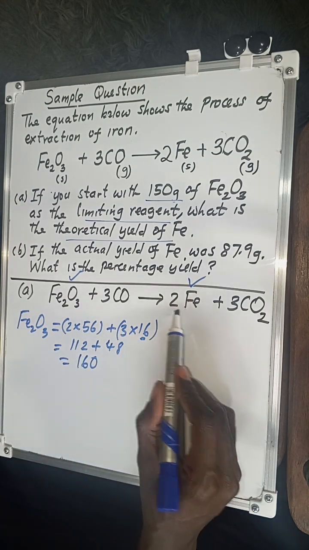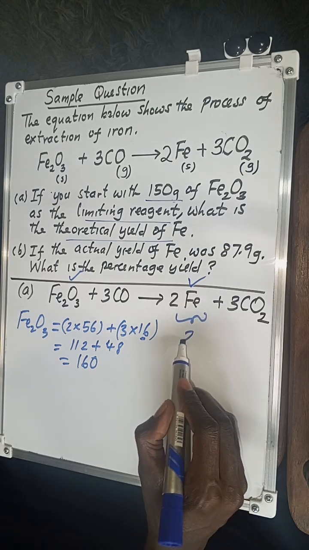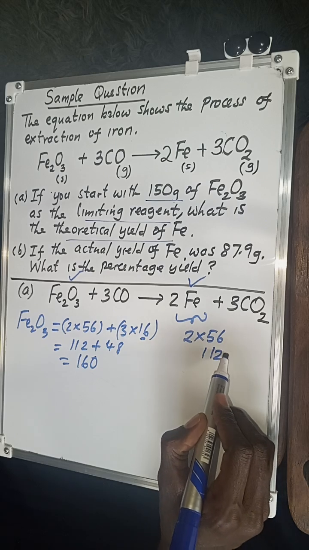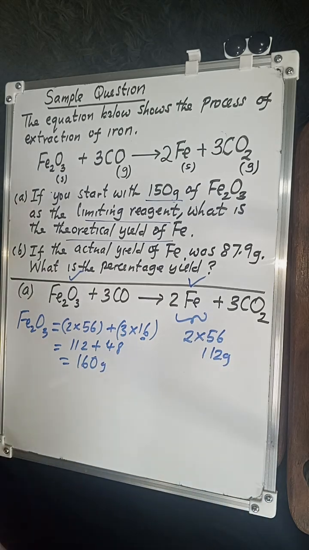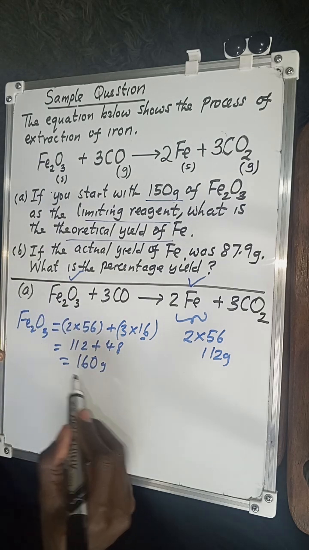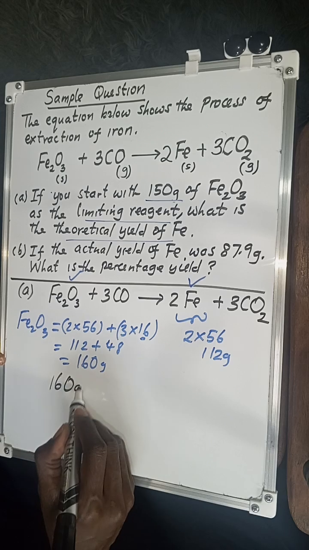The iron there, remember there are 2 irons, so 2 multiplied by 56 gives me 112 grams.